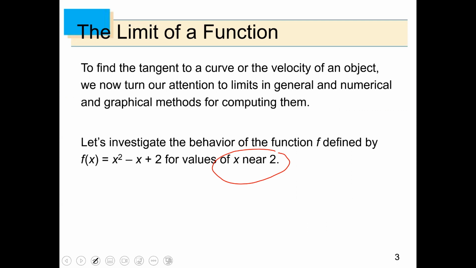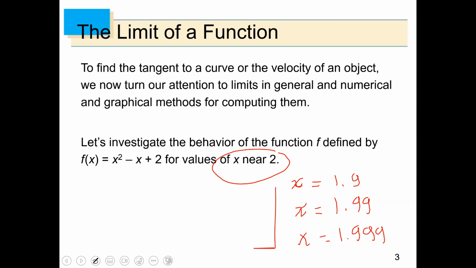That means I will take, as we will see later, x equal, for example, 1.9. This is close to 2. If we want to get closer, then I will take x equal to 1.99, and closer and closer, 1.999, and so on. And here you see that we took some values close to 2, but less than 2.